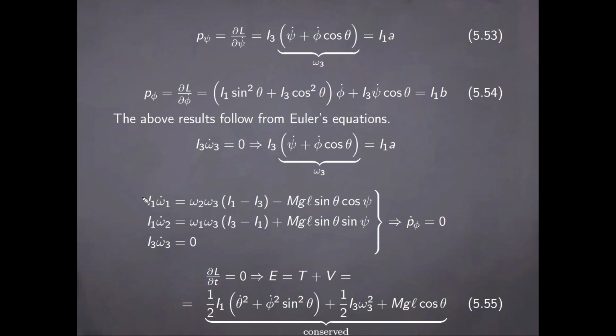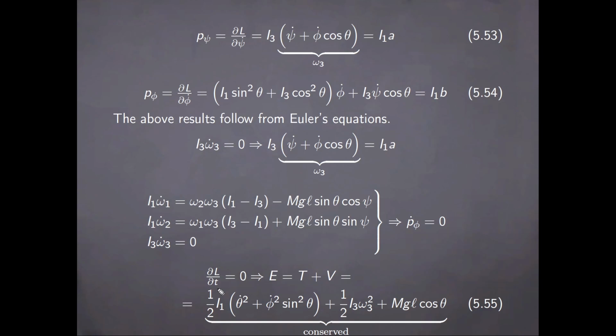And if we look at the set of Euler equations as a whole and we eliminate the components of the torque between them, you can show that what you obtain in a very straightforward manner is just the fact that the total time derivative of the momentum conjugate to the precession angle phi is 0. So in other words, you obtain the fact that this expression is constant.